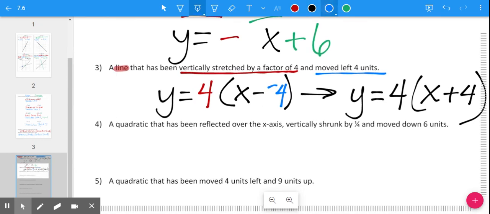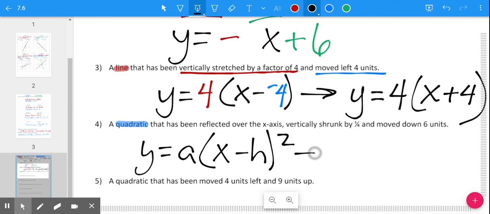The last one is a quadratic. So that's the first thing I want to mark. And for a quadratic, it's y equals a(x minus h) squared, because when there's a 2, it's a U. And then it says it's been reflected.